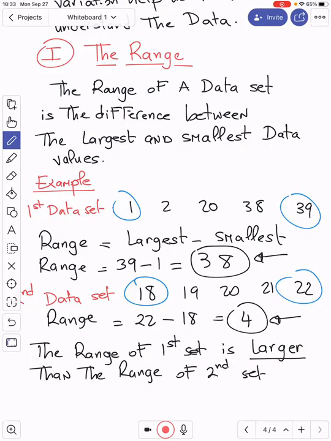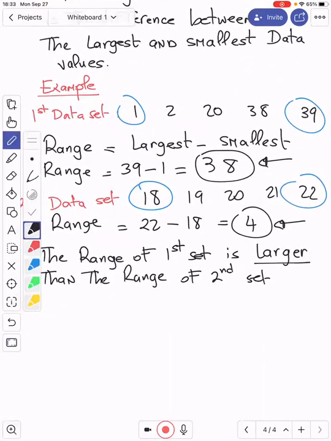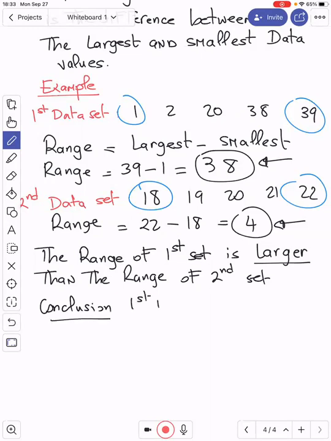And of course 38 is larger than 4. So the conclusion is that the first data set is more dispersed.